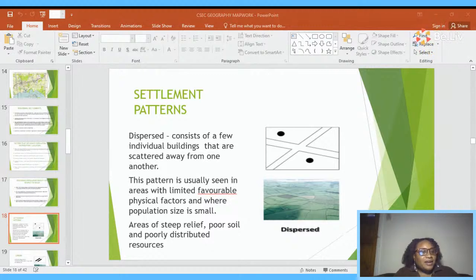Anybody? So just let me know. You all could just type in the chat if you can identify some residential areas, or are you living on agricultural land?